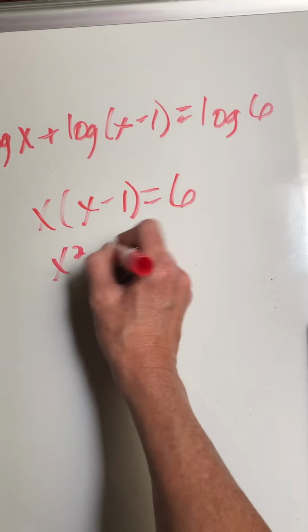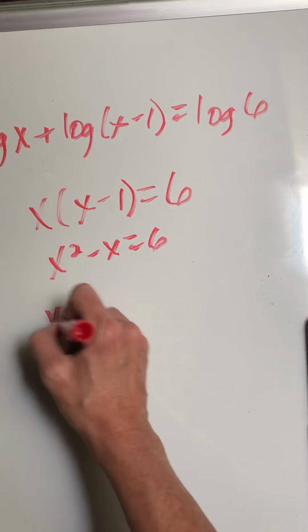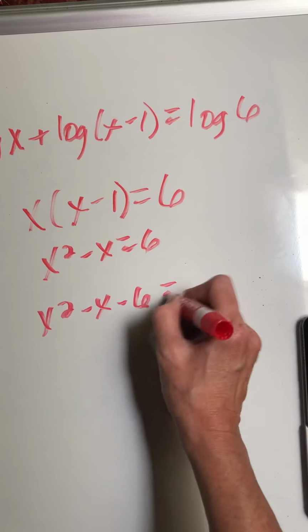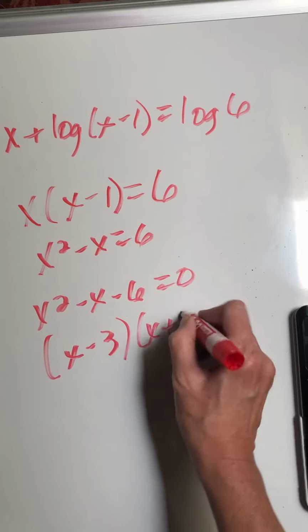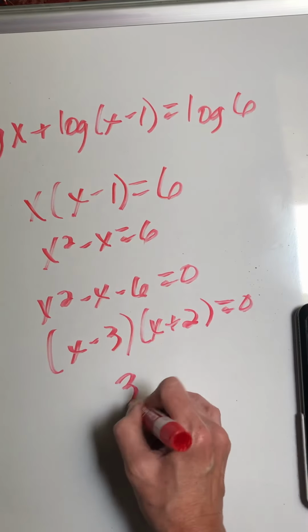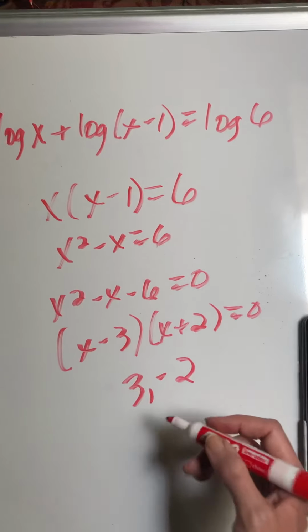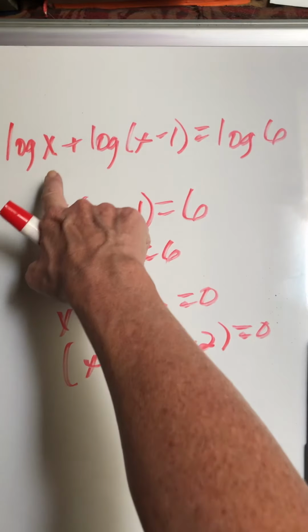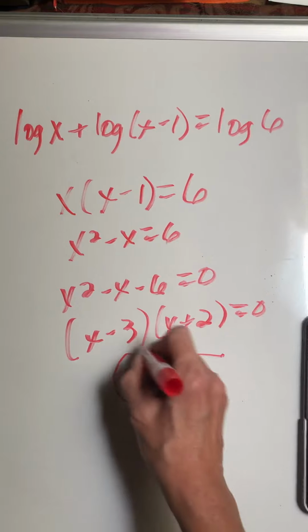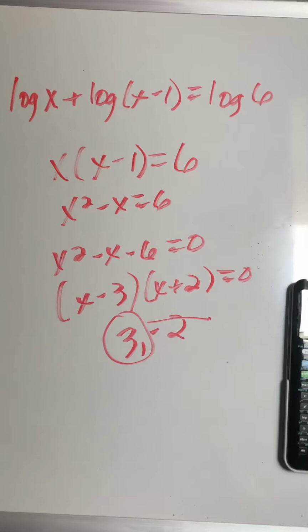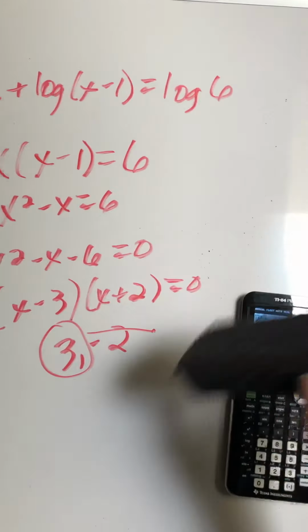Then I distribute: x squared minus x equals 6. Move the 6 over, so x squared minus x minus 6 equals 0. So (x minus 3)(x plus 2) equals 0, so 3 and negative 2. 3 is okay, negative 2 is not, because negative 2 would make that one and that one both negative, so that's not an answer, just 3 is. So that's what you have to watch out for when you're doing ones like this, okay?